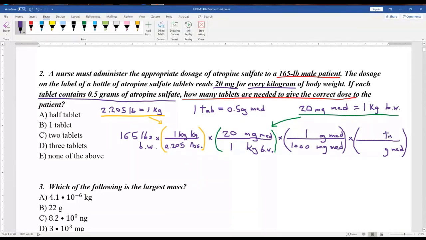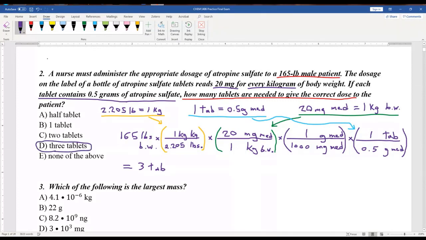So, the numbers are going to come from my nice little conversion factor here. And I will put 1 tablet is equal to 0.5 grams of the atropine sulfate, the medicine. So then all I have to do is multiply everything on top and divide by everything on bottom. And when I do that, what do I get? Yeah, 3 tablets. Very good.